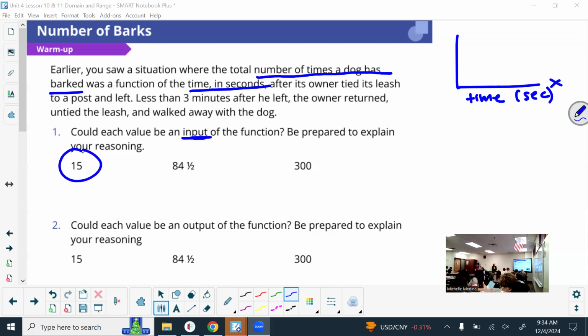Table 2, could 84.5 be a time in seconds for this situation? Why not? Is it just a guess or where are we? Okay, someone else at that table? Could I have 84.5 seconds in this situation?